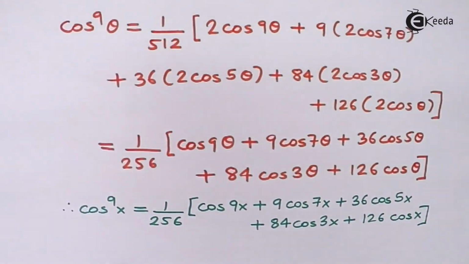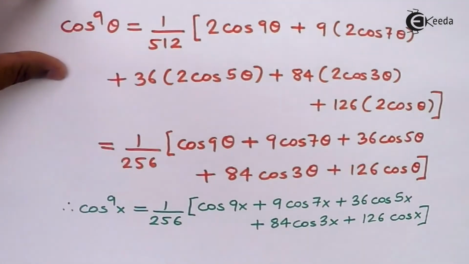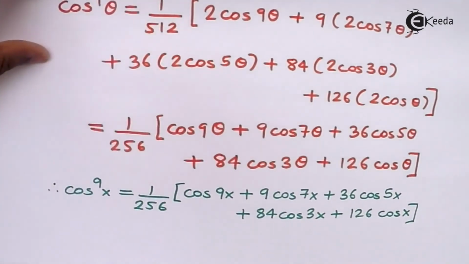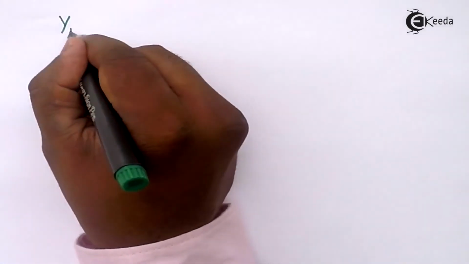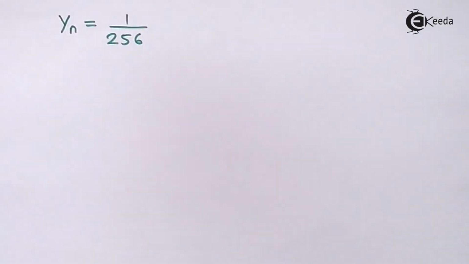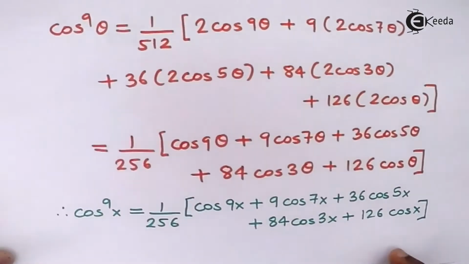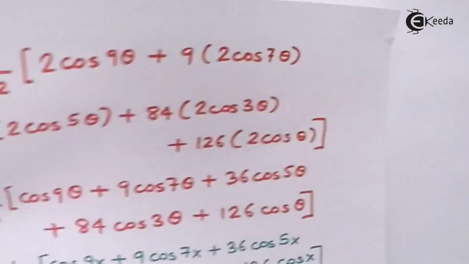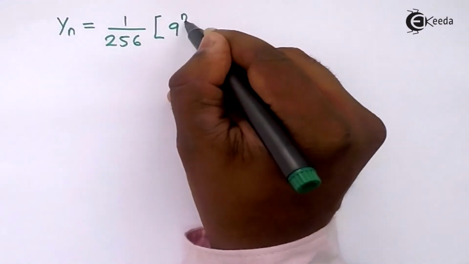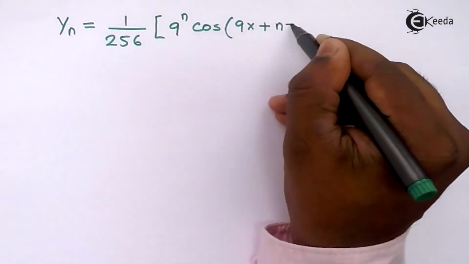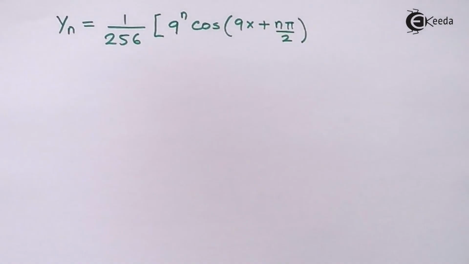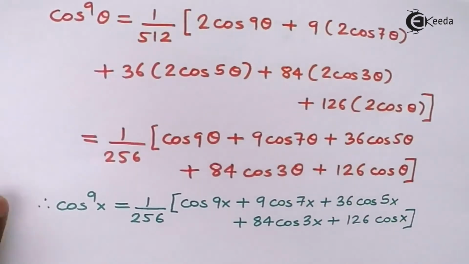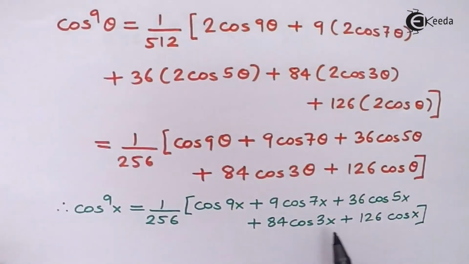So now this cos raised to 9x is our y. So the nth derivative is given by, now the nth derivative of cos of 9x is, similarly I will write down the nth derivative for the remaining 4 terms.